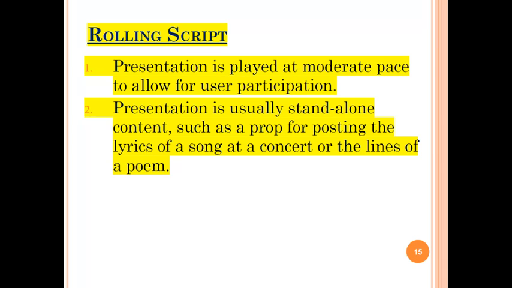So when I think of rolling script, I automatically think of karaoke and the teleprompter and the lyrics that are used so that the participants can sing along with the song. It's played at a moderate pace. There's a user that's participating, and it is standalone content, so it is the lyrics of a song.